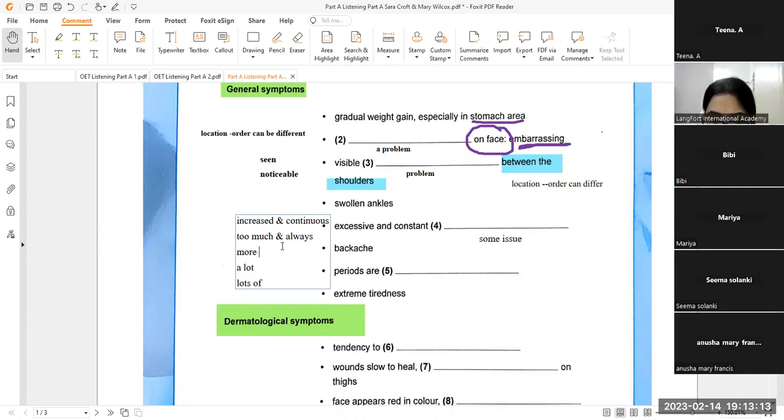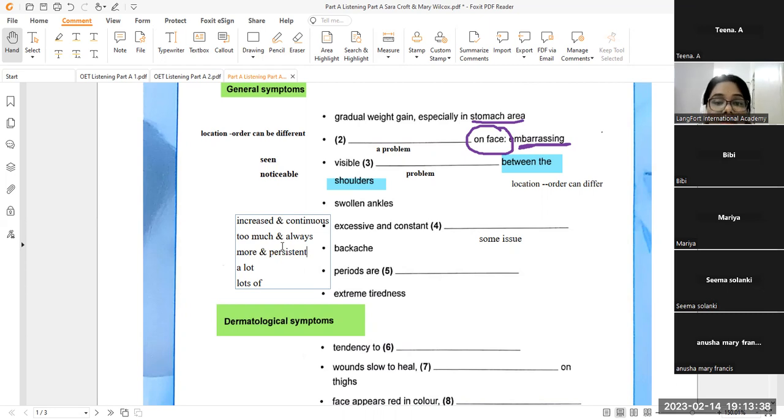Constant does not come and go, it's always there. Is there any other word for constant? Continuous. Continuous we have already written. Any other word? Very common in medical vocab. It starts with a P. Persistent. Yes, persistent. Okay, persistent, it's always there.